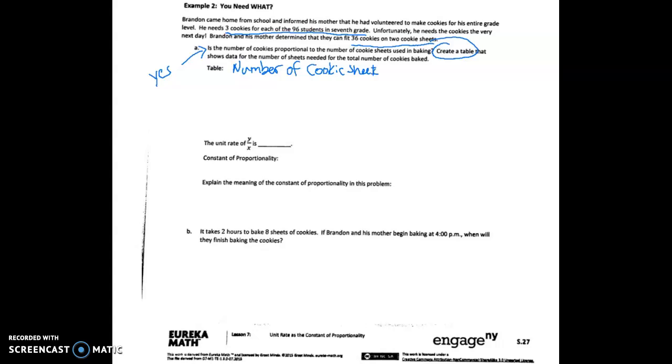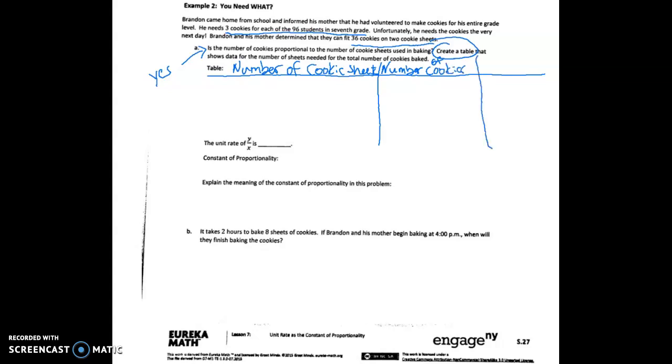And then we have the number of cookies. Oh, goodness. Should have left more room.